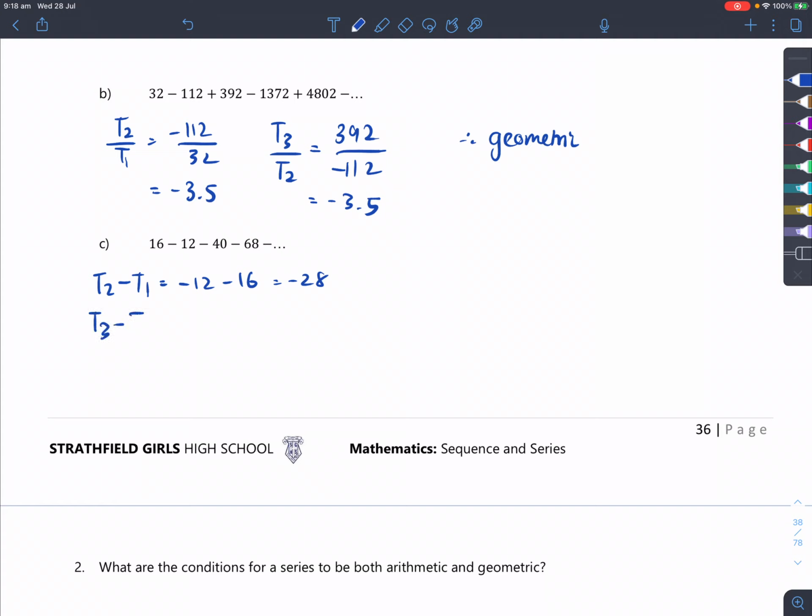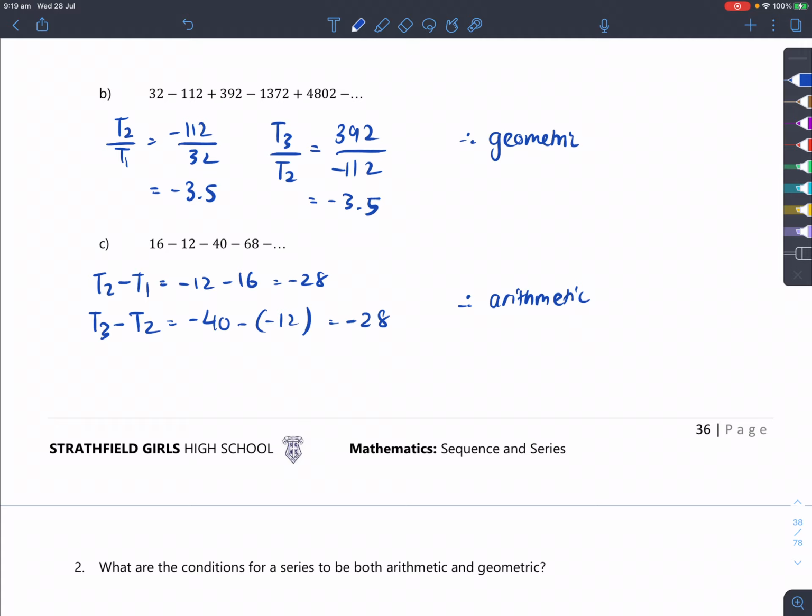Now if I do term 3 minus term 2, which is negative 40 minus negative 12, just be very careful with the negatives, so it's negative 40 plus 12, and that's the same thing as negative 28. So the common difference is always the same, and if you check the next ones, it's always going to be the same. So therefore, this is an arithmetic progression, okay, since D is always the same.